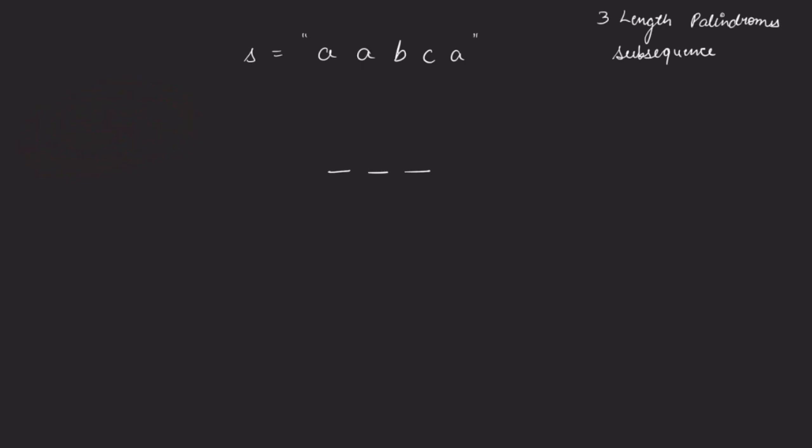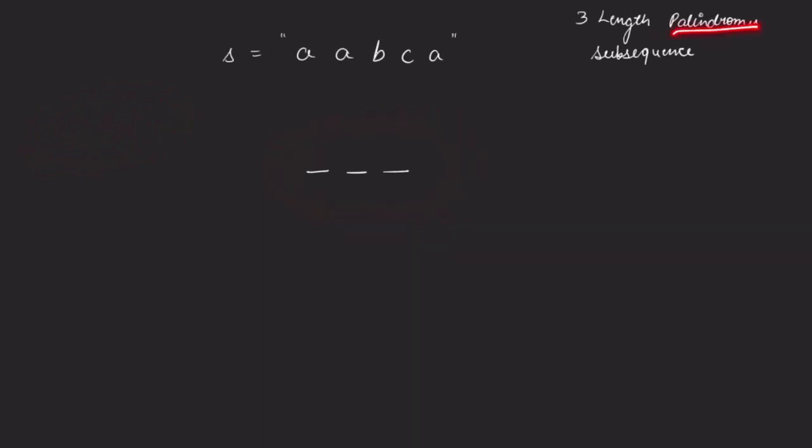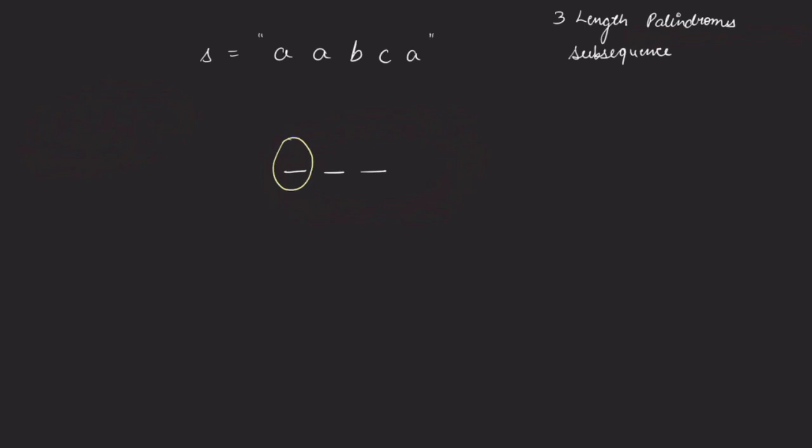So as I said, our subsequence has to be of length 3. Now, for this subsequence to be a palindrome, can I say that the first and the last character have to be the same, and the middle can be anything? Because if these two characters are not the same, then our subsequence will not be a palindrome. So if let us suppose AAC is my subsequence, if I write it in reverse order, it will be CAA.